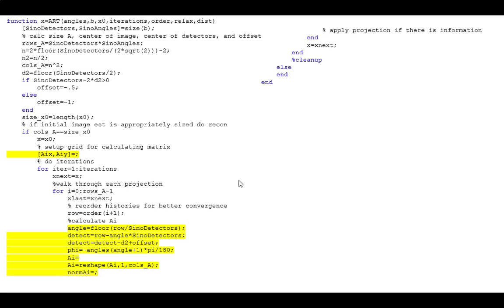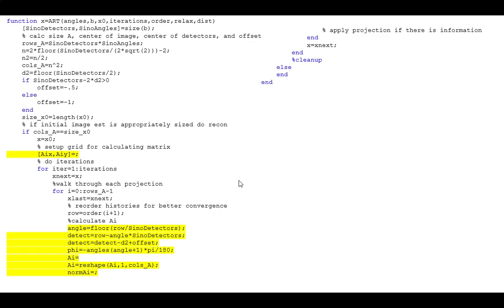Everything here, when you divide by number of detectors, is going to be 1. The very last item is going to be 2 minus 1, which gives you 1. That make sense? So if you divide by number of detectors and floor, whatever position you're in here, it gives you back this number. It just tells you which angle position you're at.